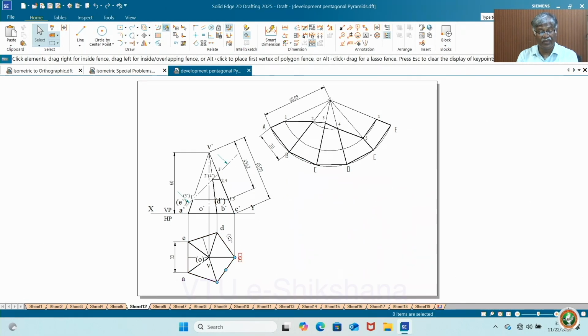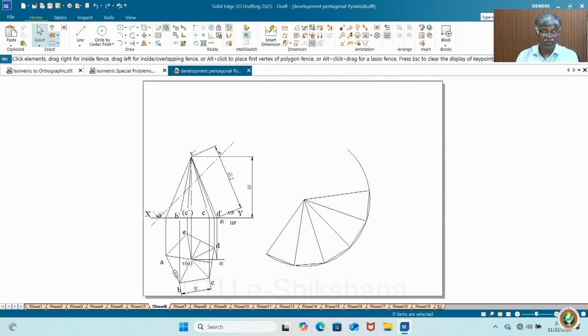If it is available, you make use of it and then carefully plot all the distances, particularly in development. In development, true lengths only you have to use, because if you keep it on a flat surface, you will get true lengths. Suppose you take something else and do it, you never get the model of required shape and size, you will get something different.